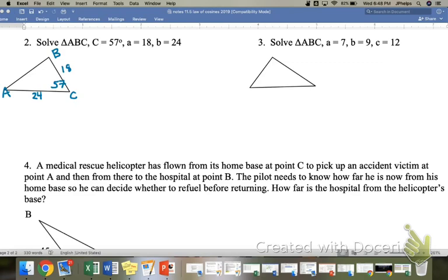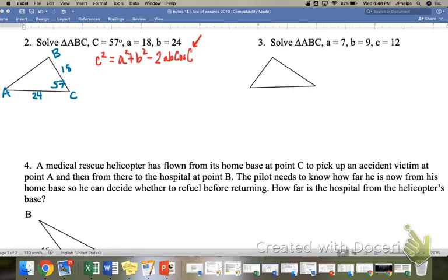using the law of cosines, where we plug in the angle in place of the angle in the law of cosines. So we're going to be writing this law of cosines as c squared equals a squared plus b squared minus 2ab cosine of angle C, because angle C, we've already got this angle, so we can plug that in, which is 57 degrees.